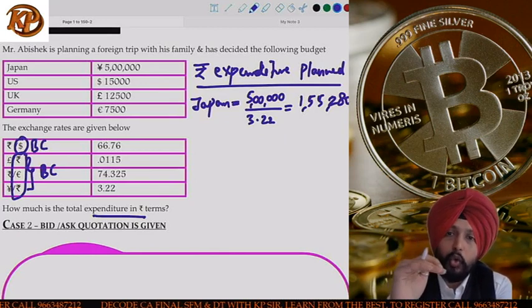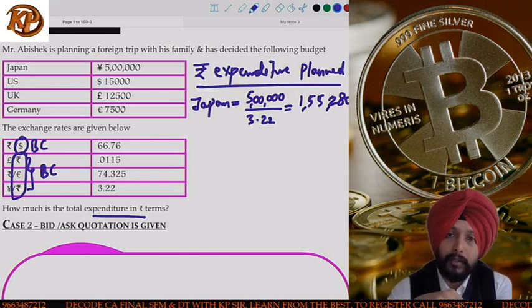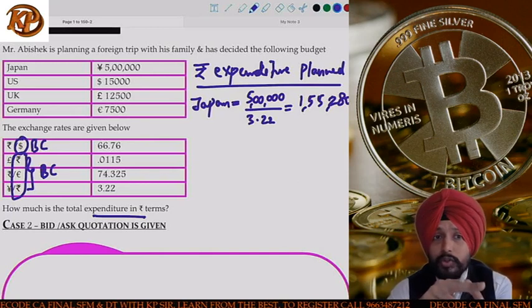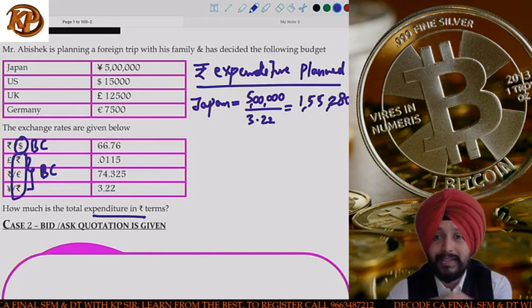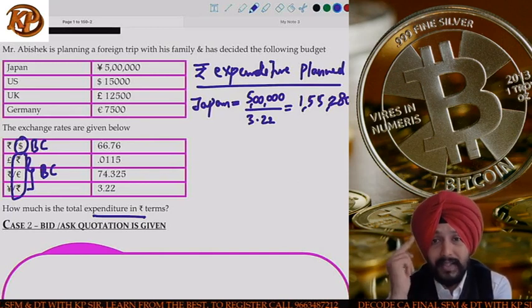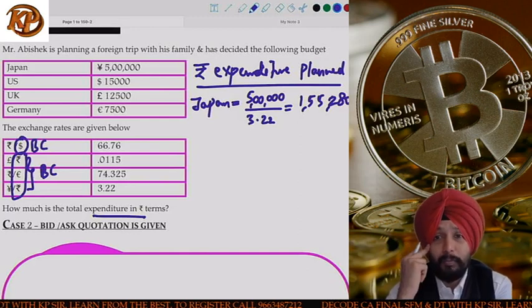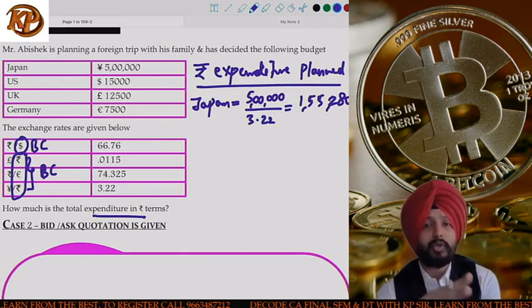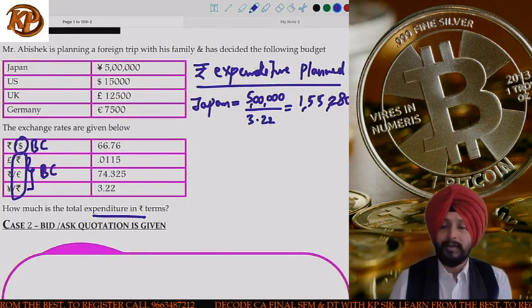Pound, euro, dollar, rupee. And after that, if you look at the last quotation, it is yen per rupee. That is yen needed for rupee, where rupee is the base currency. Yen needed for rupee is 3.22, which means yen is weaker compared to rupee. Practically it is not 3.22, it is 1 point something, but okay.